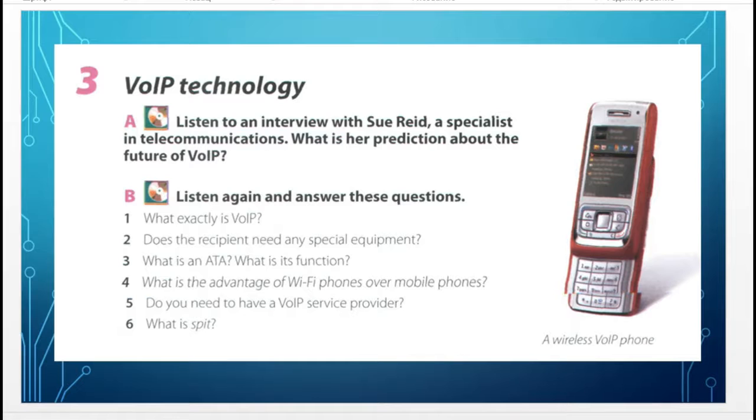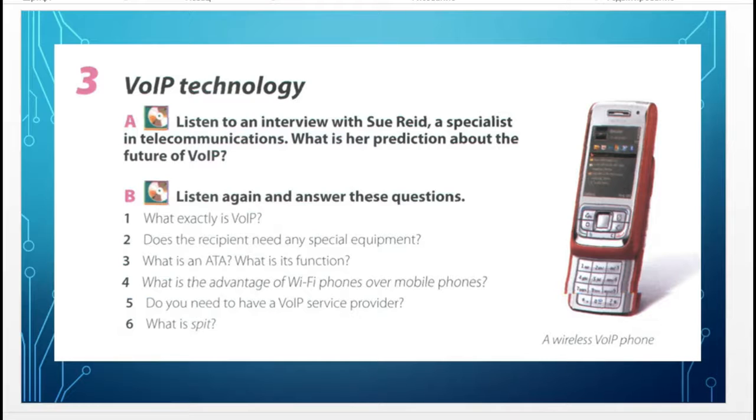And how does it work? VoIP converts analog voice into digital data and transmits it over the Internet with IP technology rather than via the traditional telephone network. When the data packets reach their final destination, they're converted into voice again. The person you're calling doesn't need any special equipment, just a phone. But if I want to make a VoIP call, what sort of equipment do I need?